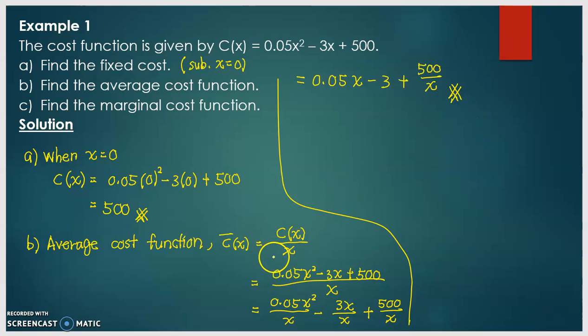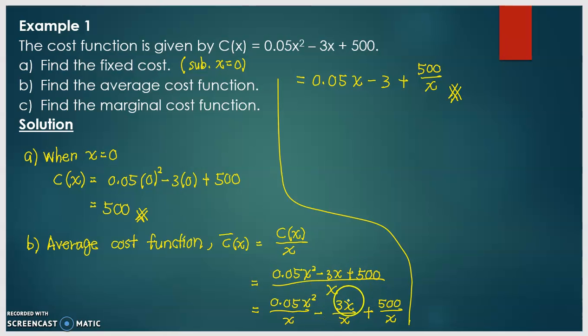So average cost function ni yang pertama, if you want to find the fixed cost, jika kita nak cari fixed cost, senang saja gantikan x sama dengan kosong bila kita nak cari fixed cost. So bila kita nak cari average cost function, kita akan guna persamaan C(x) yang diberi ini bahagi dengan x. So bila bahagi dengan x, we separate into 3 parts.